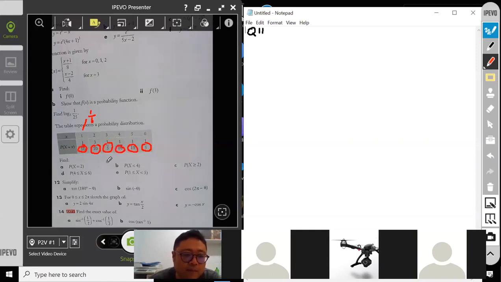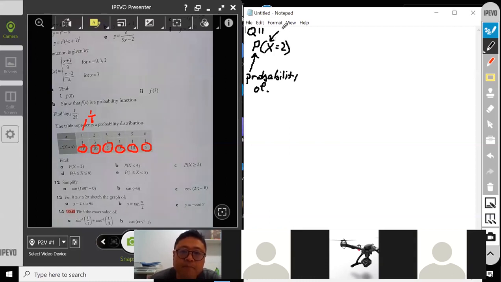Okay, so let's now look at the notation. What do you think P of X equals 2 means? I'll give you a hint. The P stands for the probability of what?